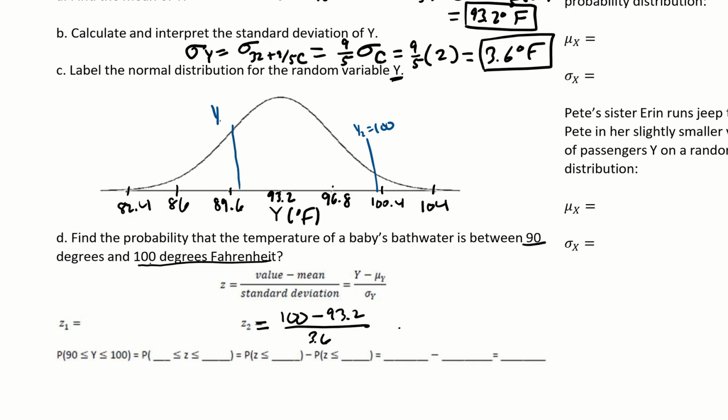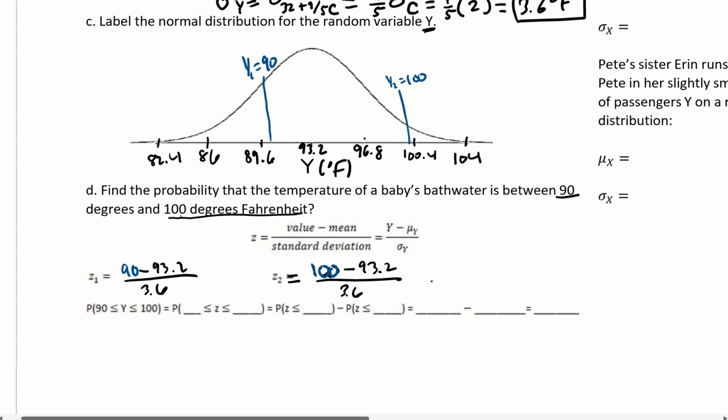So we have 100 minus 93.2 and 90 minus 93.2, over 3.6. For the z-scores, we get 1.89 and negative 0.89.